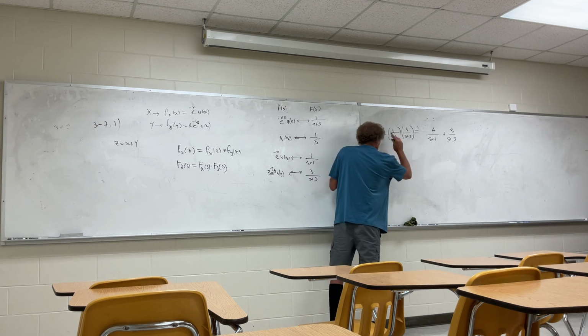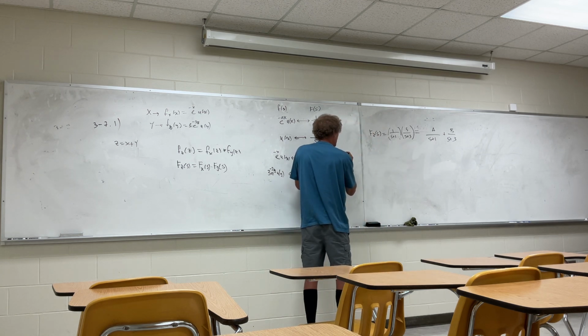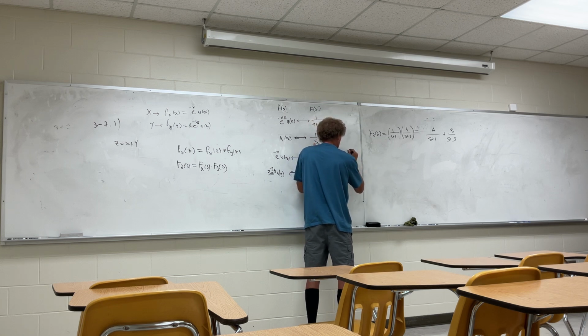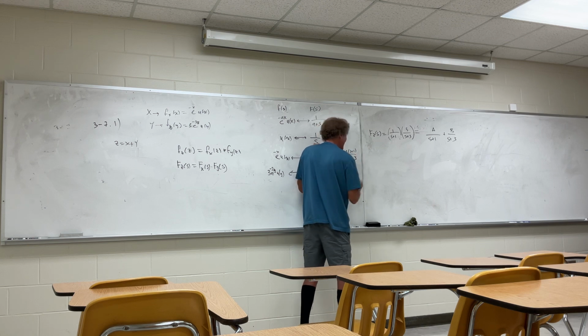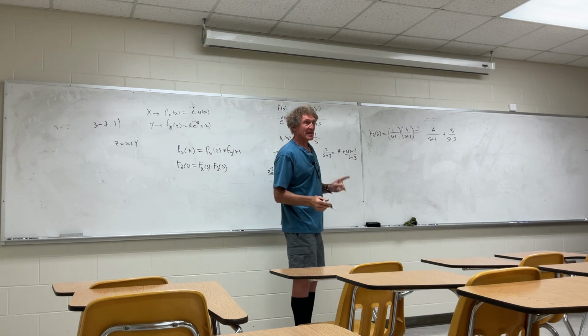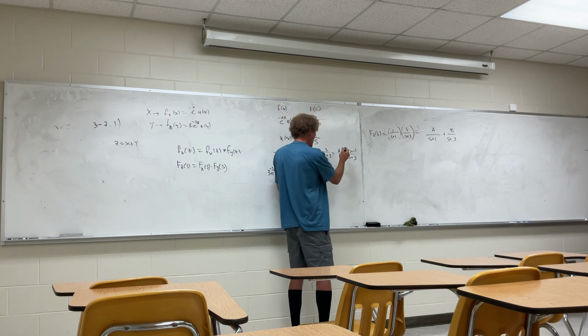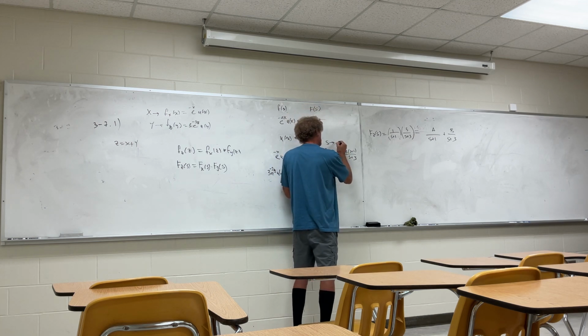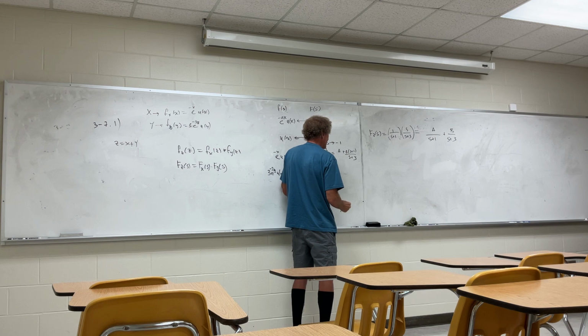If I multiply everything by s plus 1, I get 3, you don't have to write this down, equal to A plus B times s plus 1 over s plus 3. Now we evaluate this at the pole, at s equals minus 1, and you'll notice what happens.